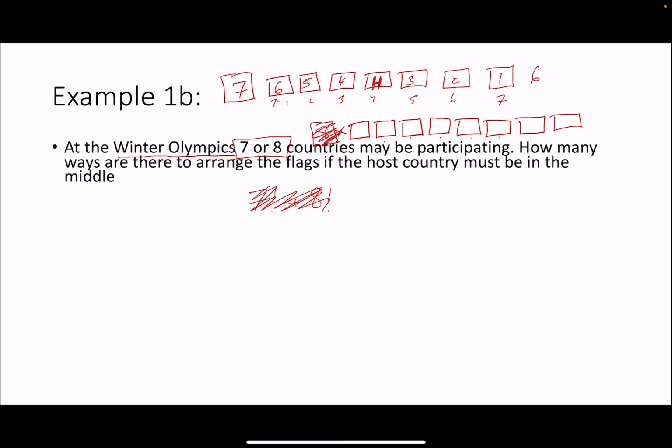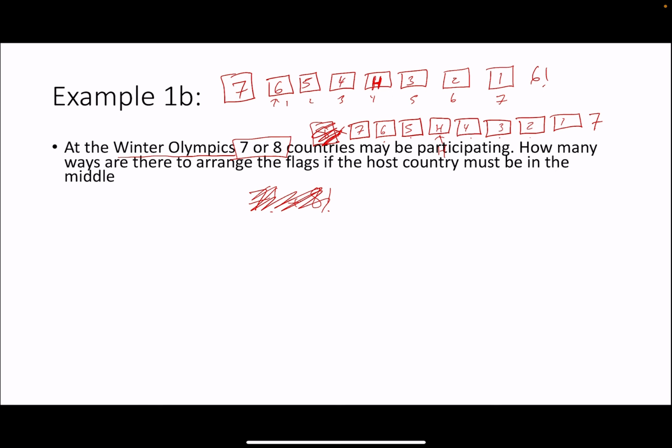It could be the case that the host country is here. In which case there would be how many more flags left? 7, 6, 5, 4, 3, 2, 1. So that's 7 factorial. So we had 6 factorial, then we had 7 factorial.